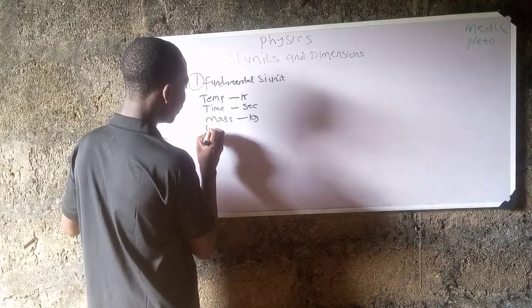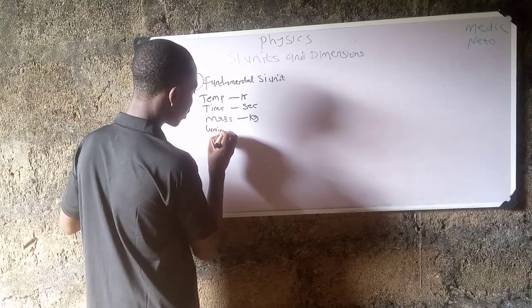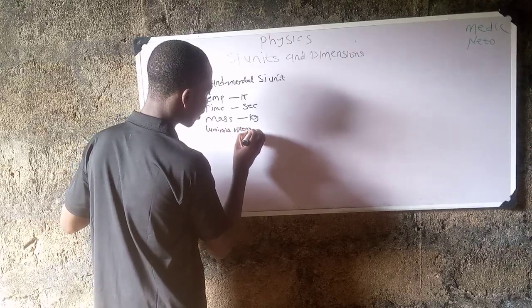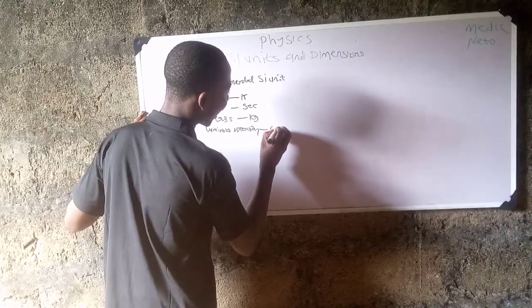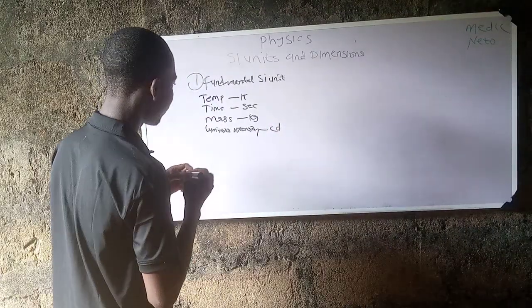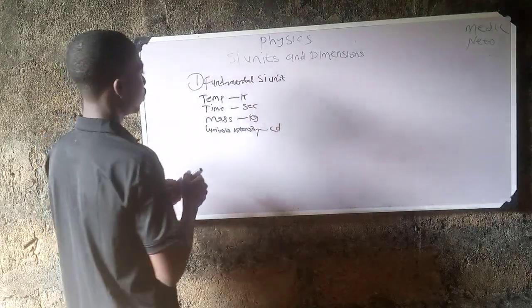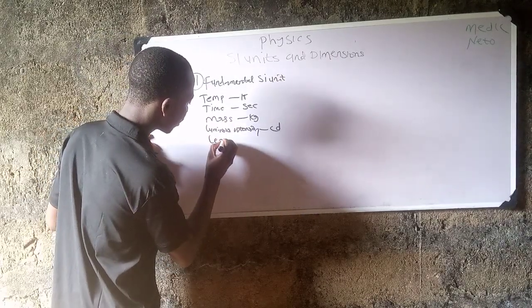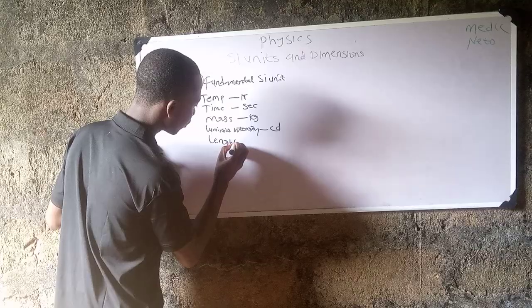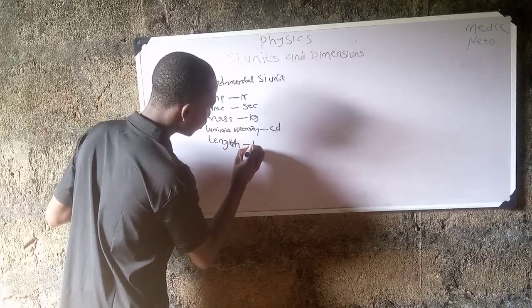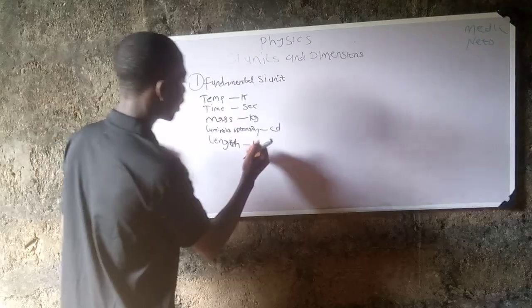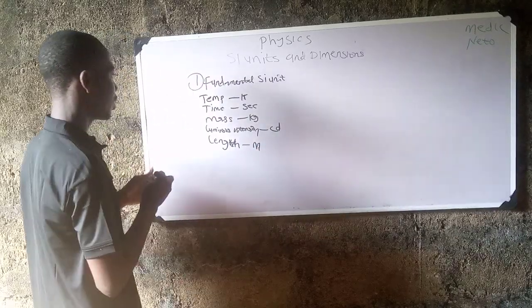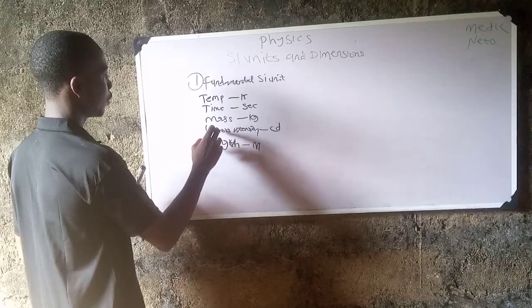We have luminous intensity measured in candela, written with cd. We have length measured in meter. So how many are written? 1, 2, 3, 4, 5.